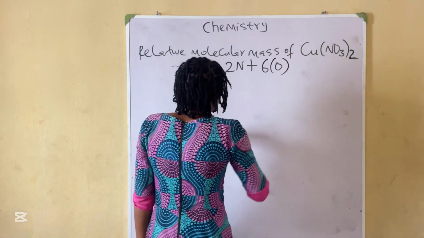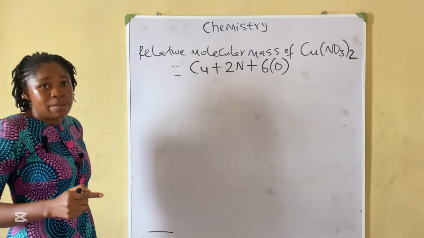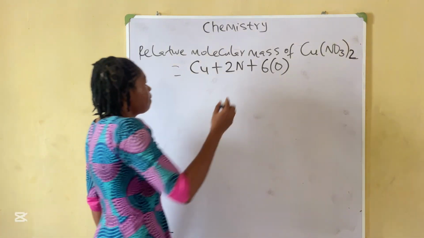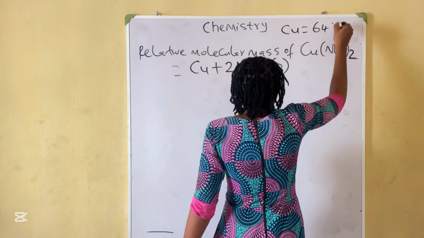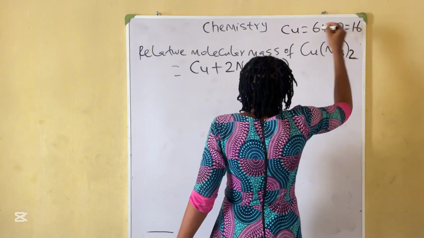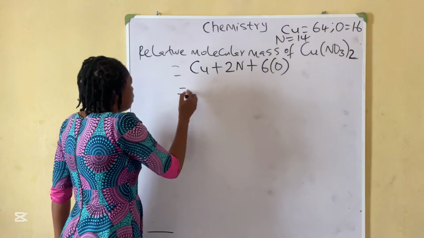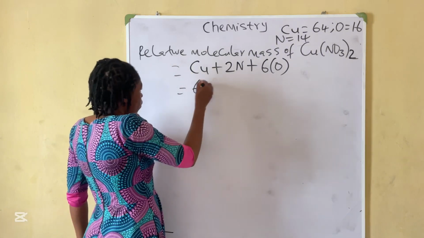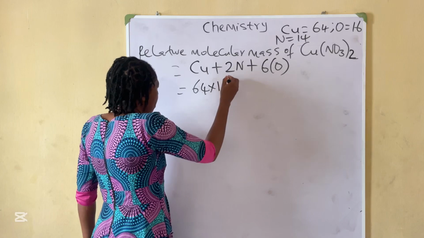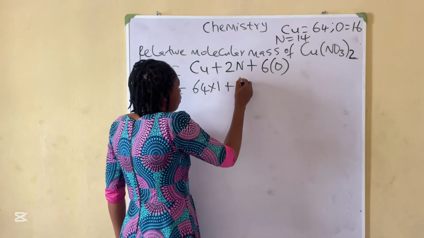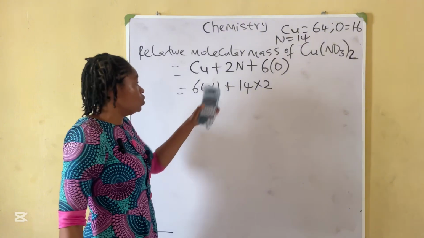Remember the relative atomic mass of each of the elements we provided. Copper is 64. Oxygen is 16. And nitrogen is 14. So relative atomic mass of copper, 64 times 1 atom of copper, plus 14 times 2 atoms of nitrogen.